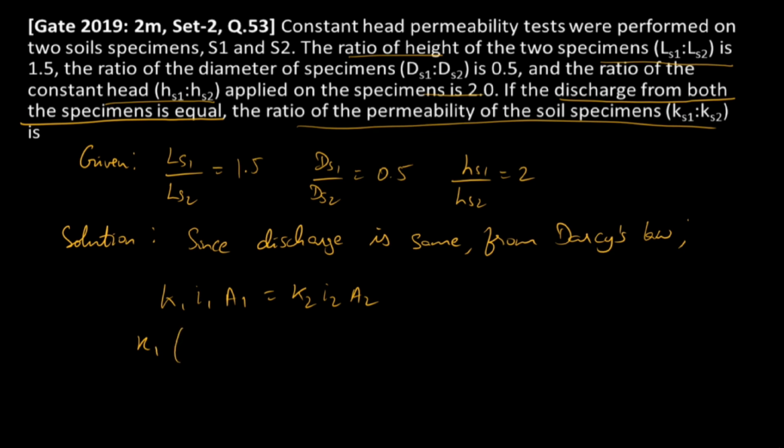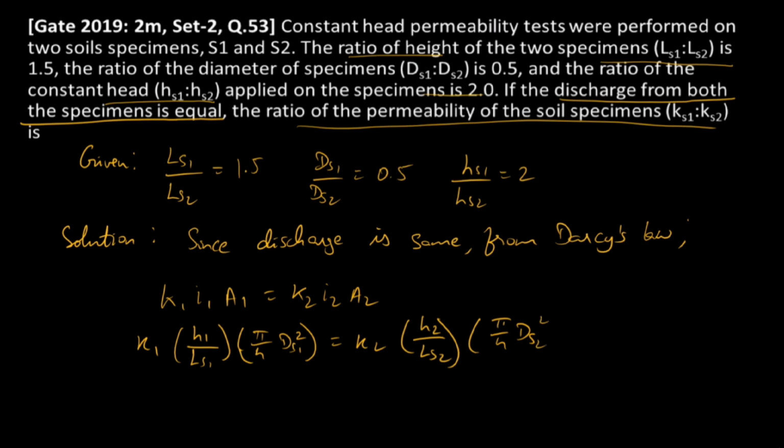K1 I1 will be equal to H1 by LS1, into A1, where A1 will be equal to pi by 4 DS1 whole square, equal to K2 I2, which is H2 by LS2, and pi by 4 DS2 whole square.